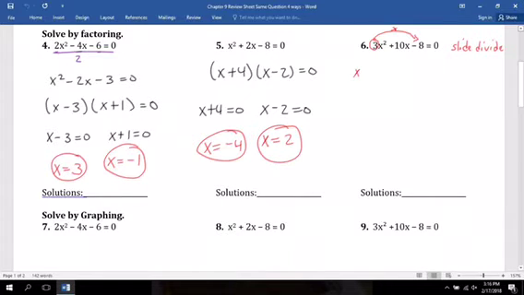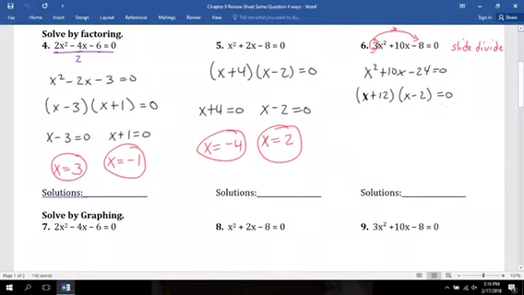That gives us x squared plus 10x minus 24 equals 0. So now we're kind of doing this like the previous problems. We're looking for the factors of negative 24 that add up to a positive 10. Well, that's going to be a negative 2 and a positive 12. So we've got x plus 12 and x minus 2.